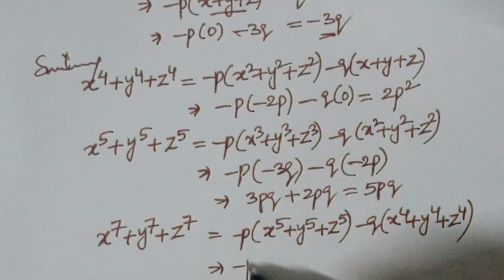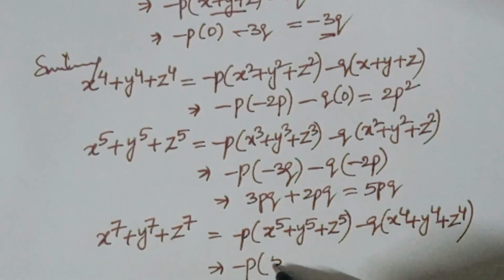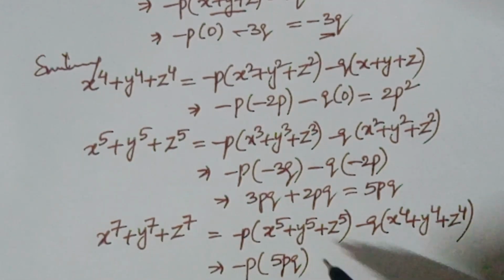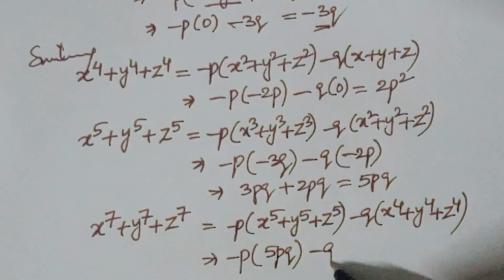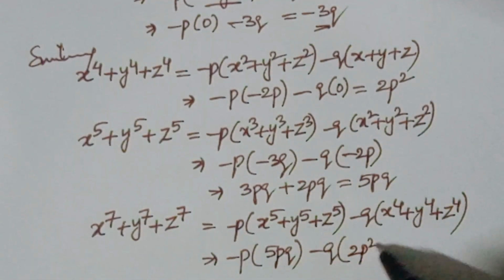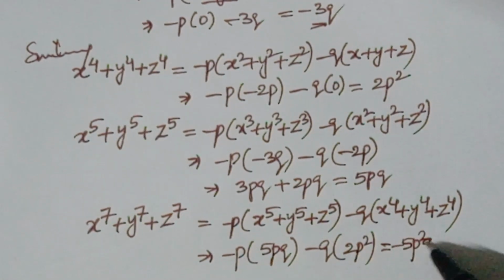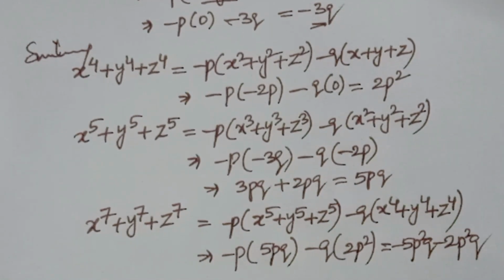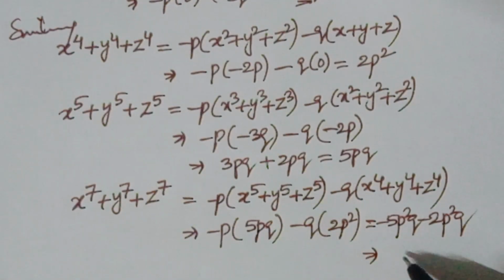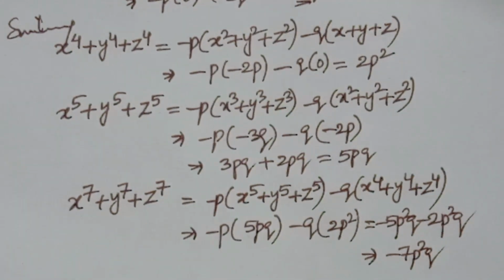So this is minus p into 5pq, minus q into 2p square. So in total here you will get minus 5p square q minus 2p square q. This total will be minus 7p square q.